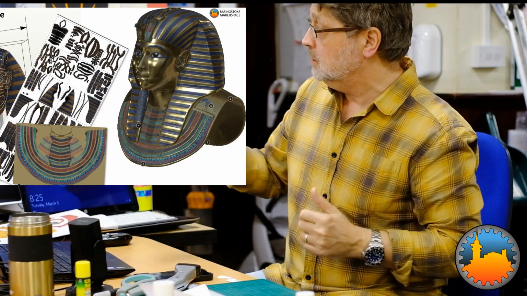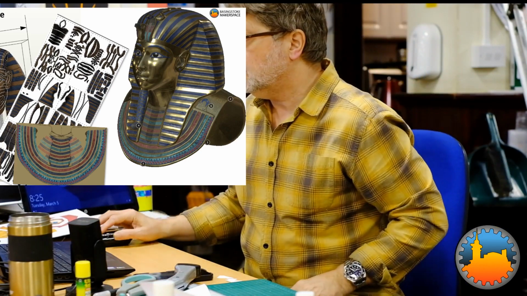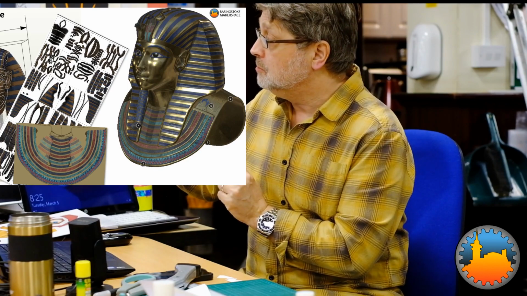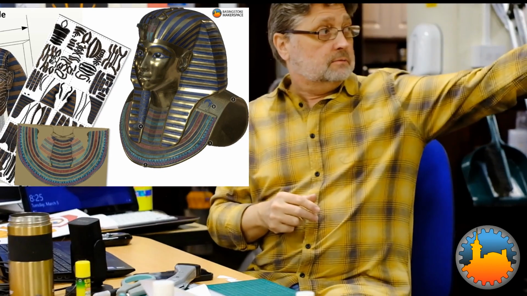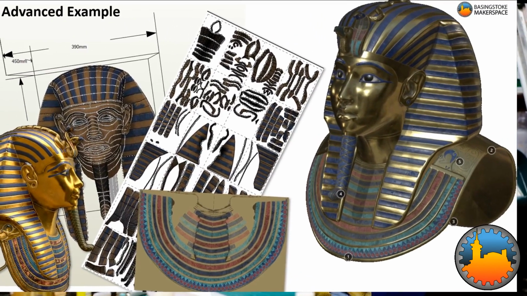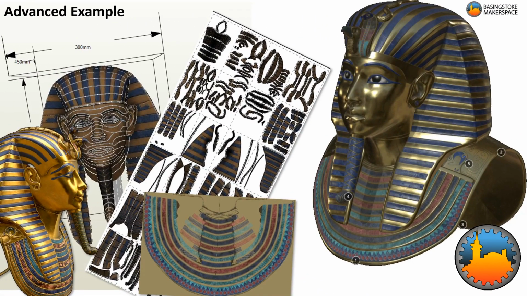But there's a lot more interesting stuff to see here. An advanced model. This is what you can see at the back there. The model itself, you'll see in a second when I pull it up. Tutankhamun.